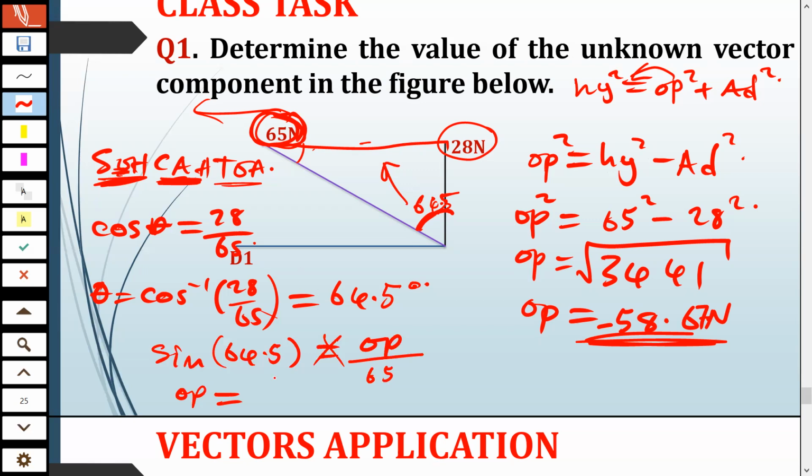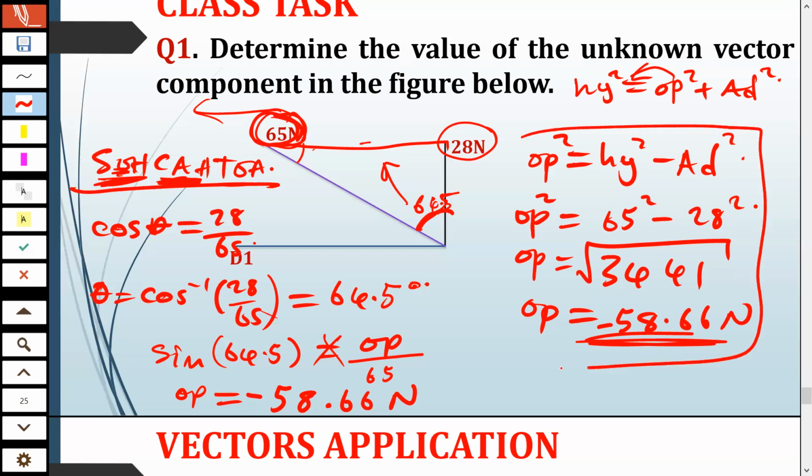And this gives us 58.66. Actually, this one isn't supposed to be 7, it was supposed to be 6, because after 6 there is a 0. So that is what you are going to get. You can see that you've gotten the same answer. So you can either use SOHCAHTOA or just the Pythagoras theorem, and you get the answer.